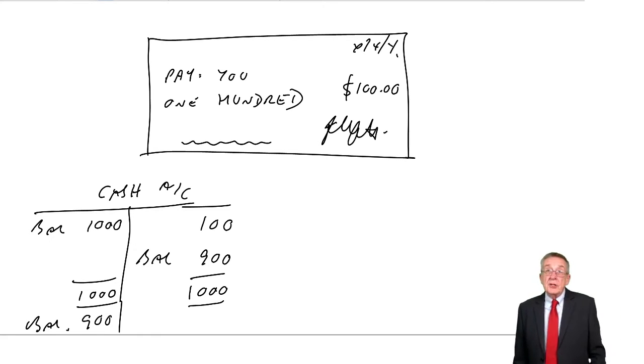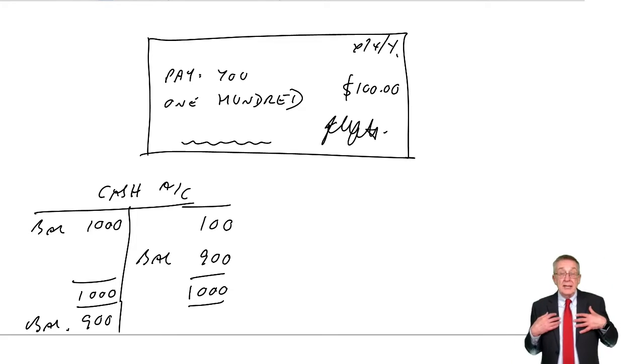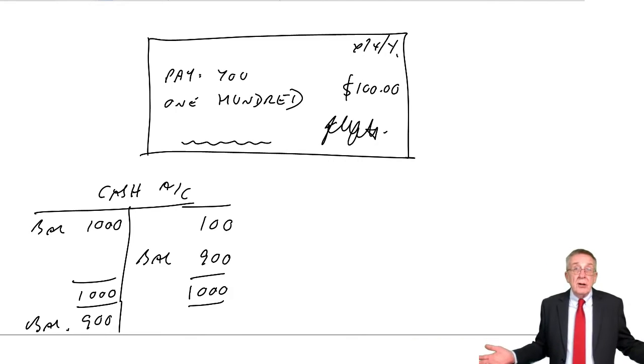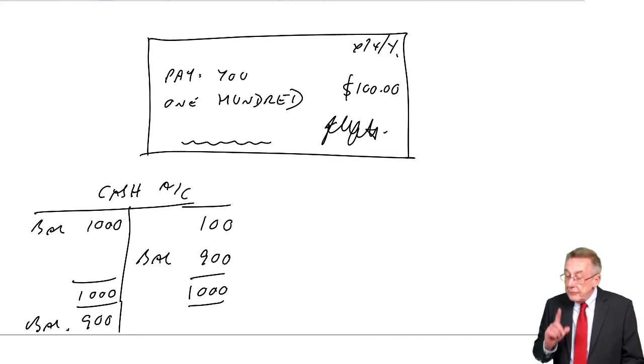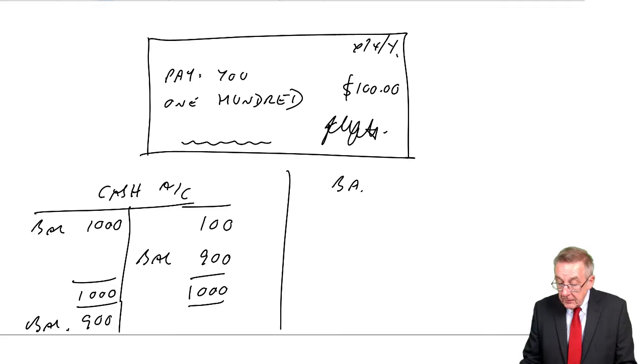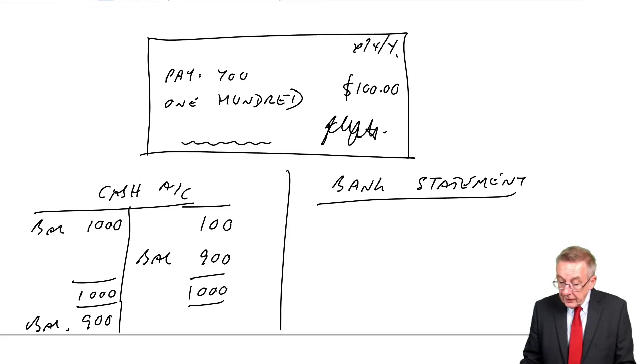So, although I give you the cheque today, or post the cheque today, and I've entered it today, and I've 900 left, it could easily be a week or even longer before the money actually leaves my bank account. And so, my bank statement, you know, I had 1,000, so it showed a balance of 1,000.